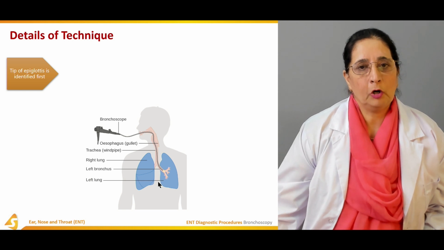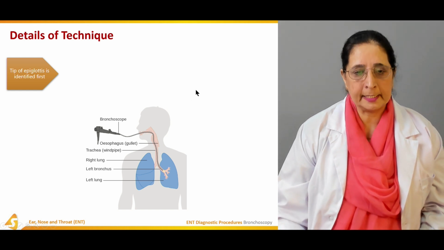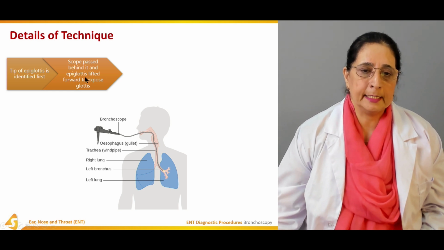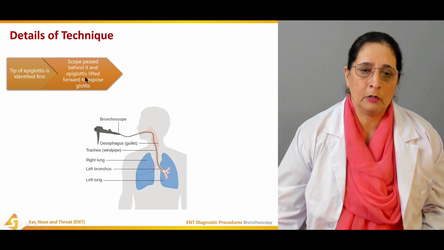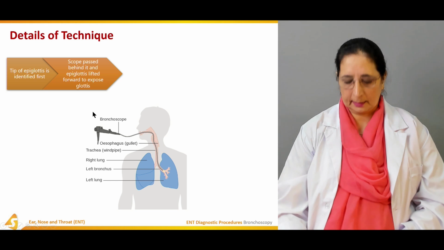The tip of the epiglottis is identified first. The bronchoscope passes behind the tip of the epiglottis, and the epiglottis is lifted forward to expose the glottis.